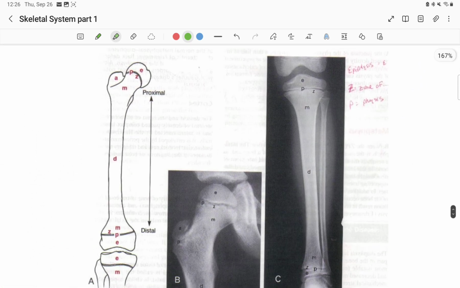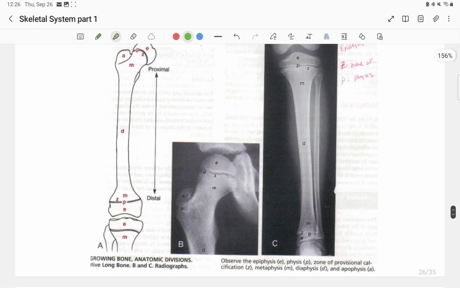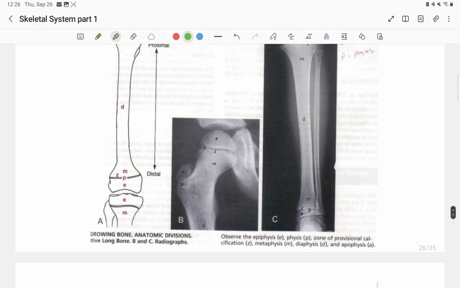All right, here is an X-ray of bone. Remember your first rule of imaging, whether it's X-ray, MRI, CT, ultrasound: what am I looking at? What is the X-ray part or the MRI part? Now in this case, we're looking at a hip. There's your femur and part of the pelvis.